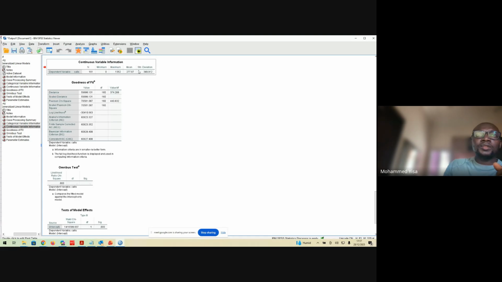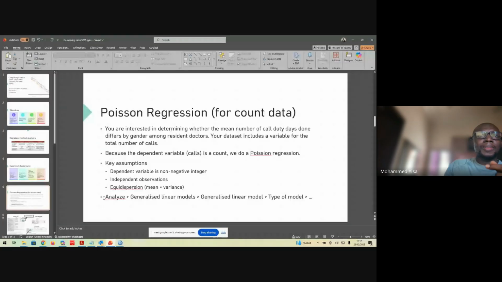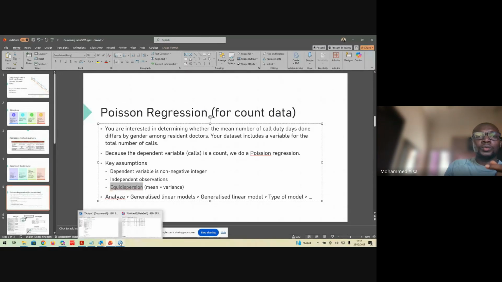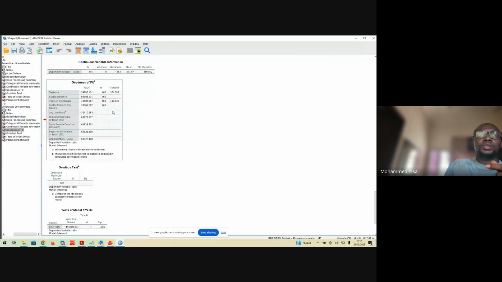Here it's not giving us the variance, but we can use this table to test the assumption of dispersion, meaning that the mean is equal to variance. When we come to this output, we can see a lot of parameters here.